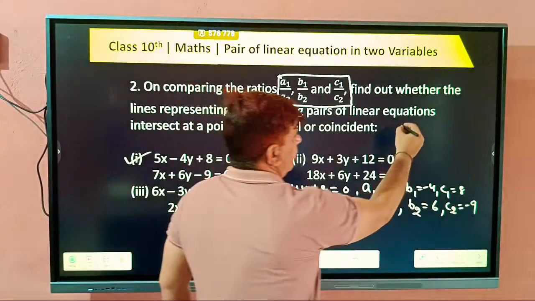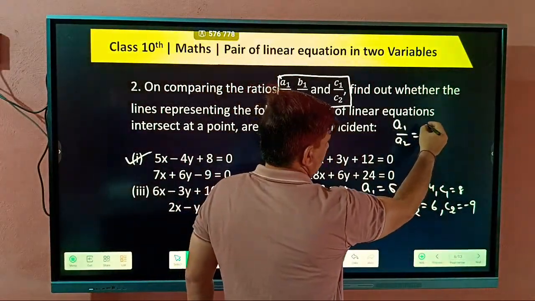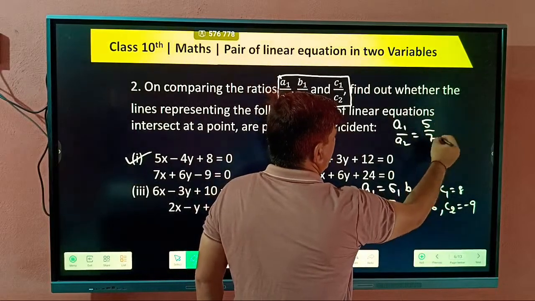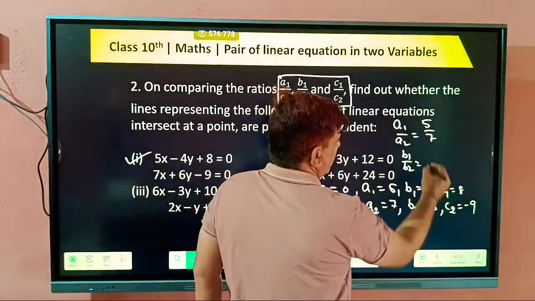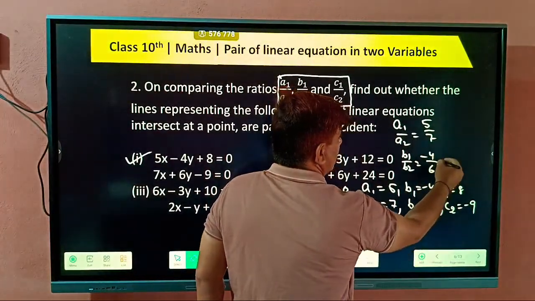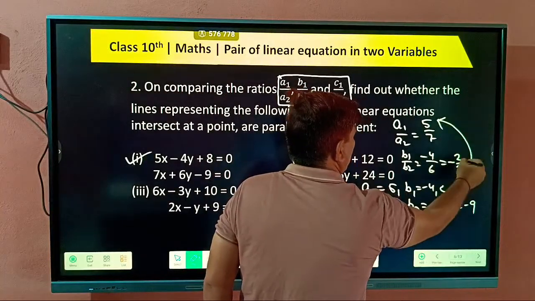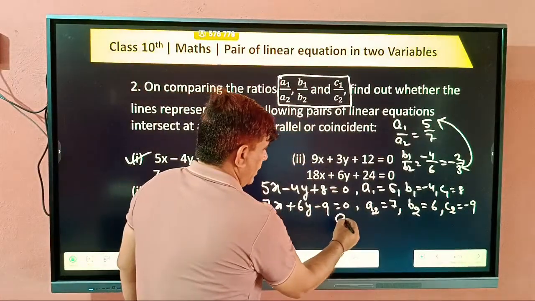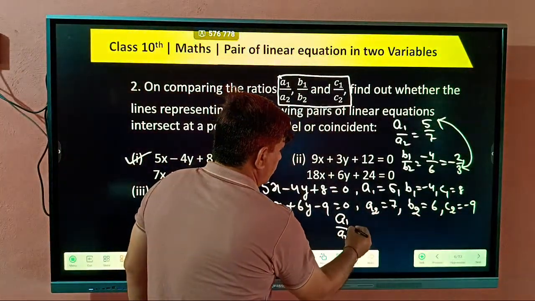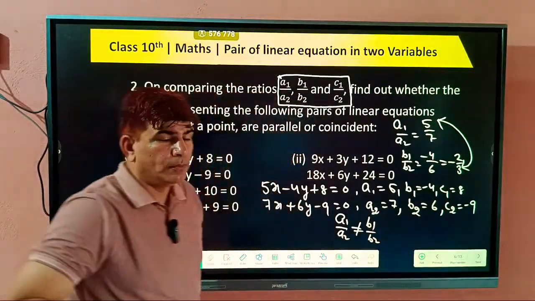So what's your A1 by A2? A1 by A2 is equal to 5 by 7. B1 by B2 is minus 4 by 6, and this we can write as minus 2 by 3. Are these both equal? No. So what we can say? A1 by A2 is not equal to B1 by B2.